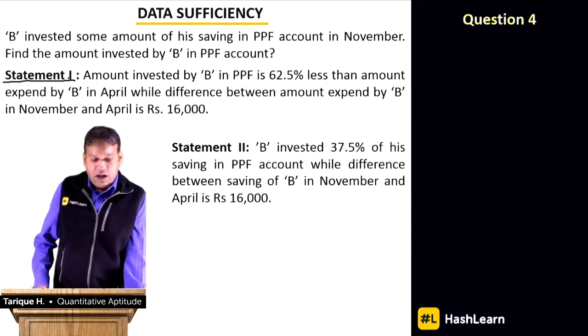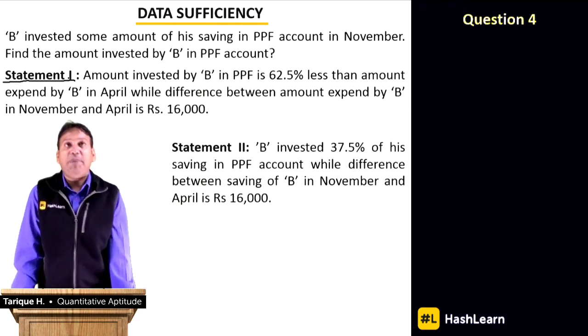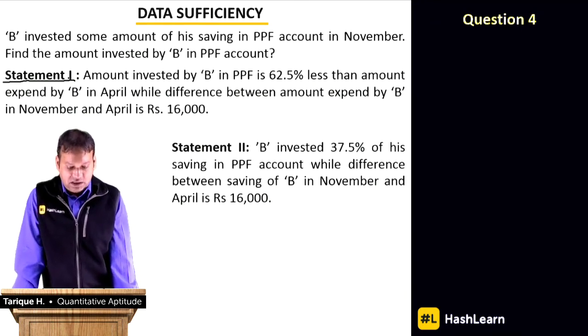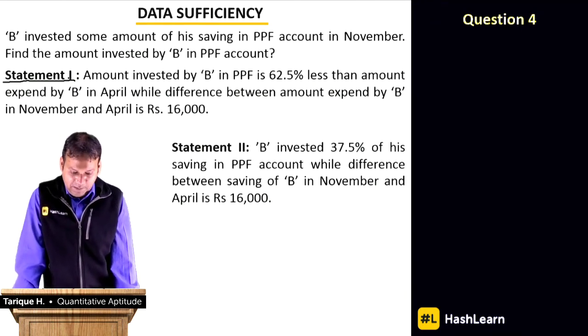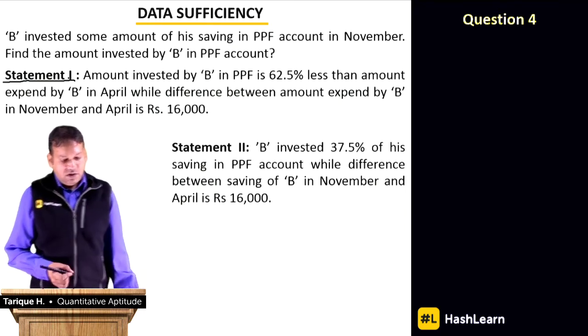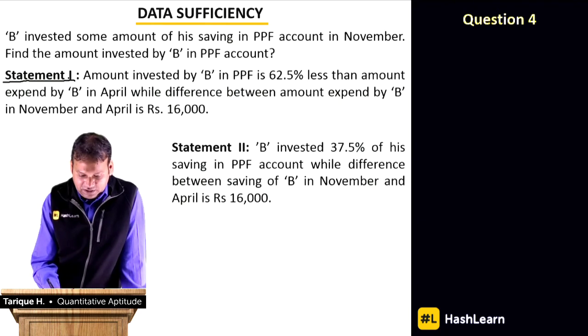Amount invested by B in PPF is 62.5% less than amount spent by B in April, while difference between amount spent by B in November and April is rupees 16,000. So B invested some amount of his saving in PPF in November.